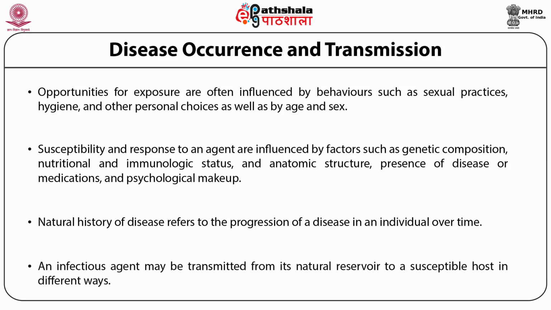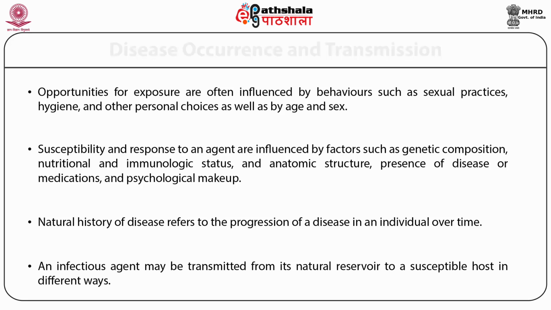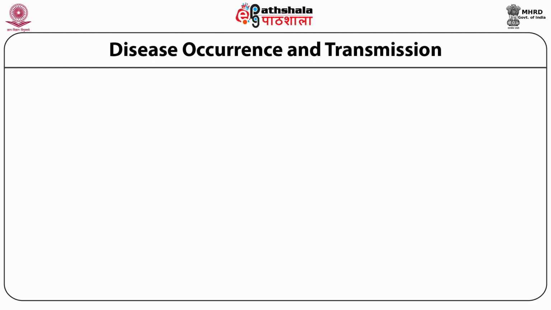An infectious agent may be transmitted from its natural reservoir to a susceptible host in different ways. There are different classifications for modes of transmission. They are direct and indirect.